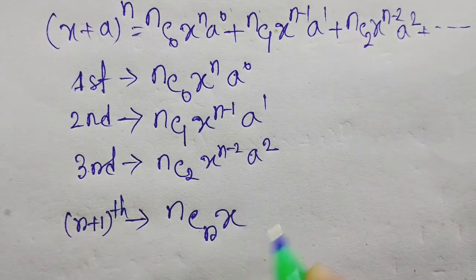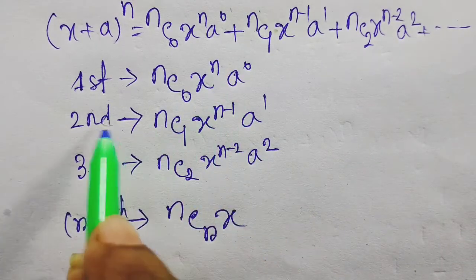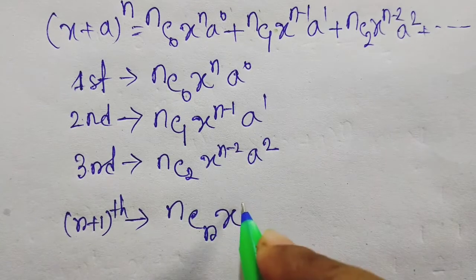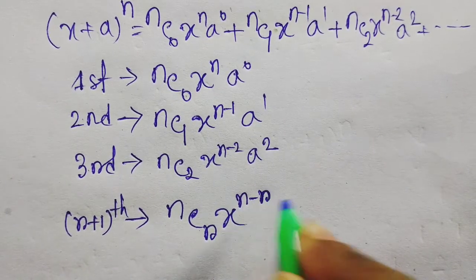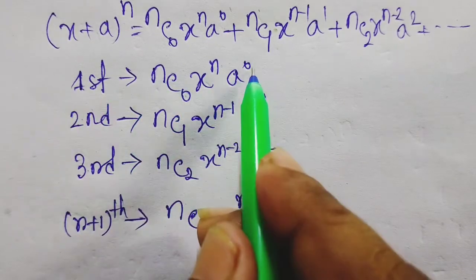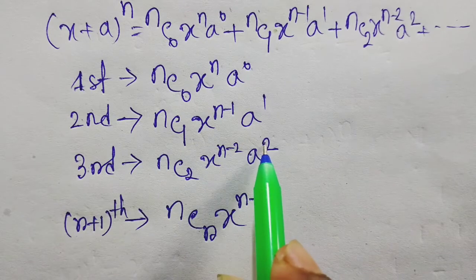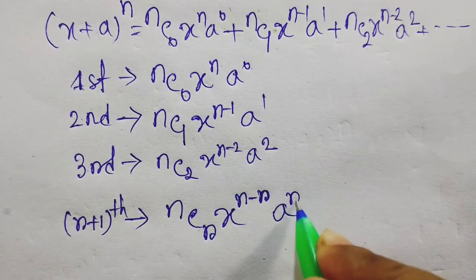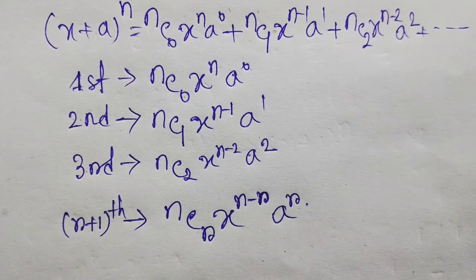Now x to the power n minus, for the first it is 0, for the second 1, for the third 2, so for r plus 1 it is r. Then a: for the first it is 0, for the second 1, for the third 2, so it should be a to the power r, and this is the general term.